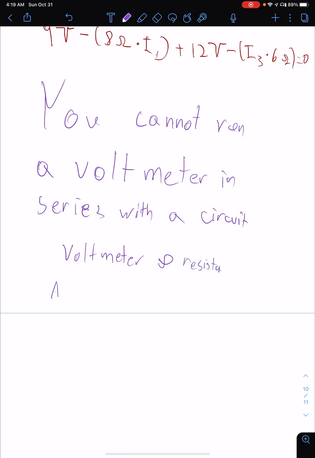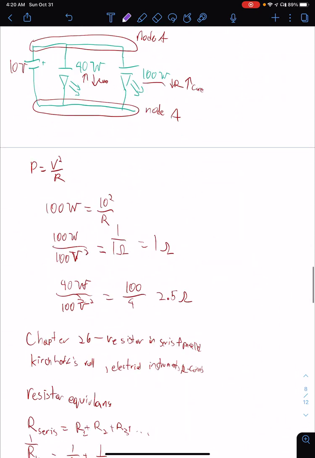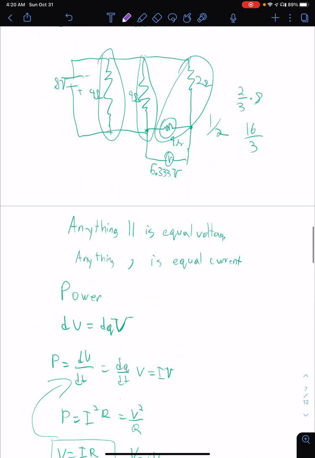And ammeters are not to be run in parallel. You could think about it for literally the exact same reason why I stated up here.